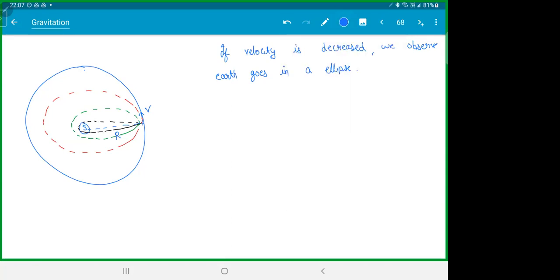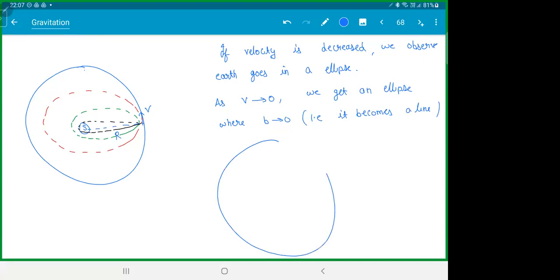So as v tends to 0, we observe something interesting: we get an ellipse where the semi-minor axis b tends to 0. That is, it becomes a straight line. Do you agree? So if velocity is getting closer and closer to 0, the ellipse actually tends to become a straight line.